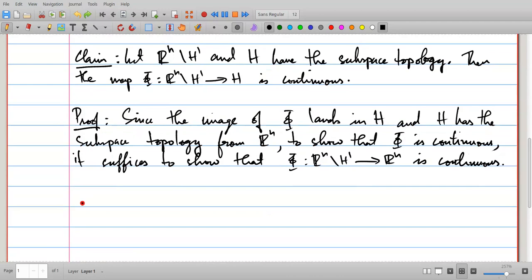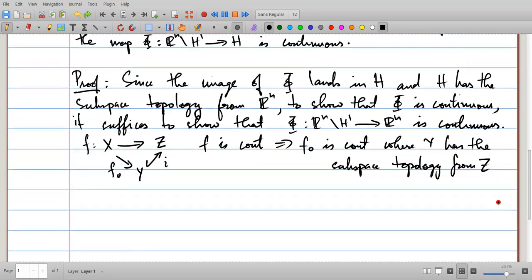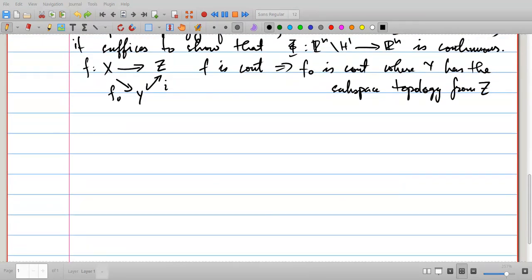So recall that here we are using the result that if we have f from X to Z continuous, and suppose the image of f actually lands inside Y, so f factors as f0 composed with the inclusion, then f continuous implies f0 is continuous, where Y has the subspace topology from Z. So we are using this result.